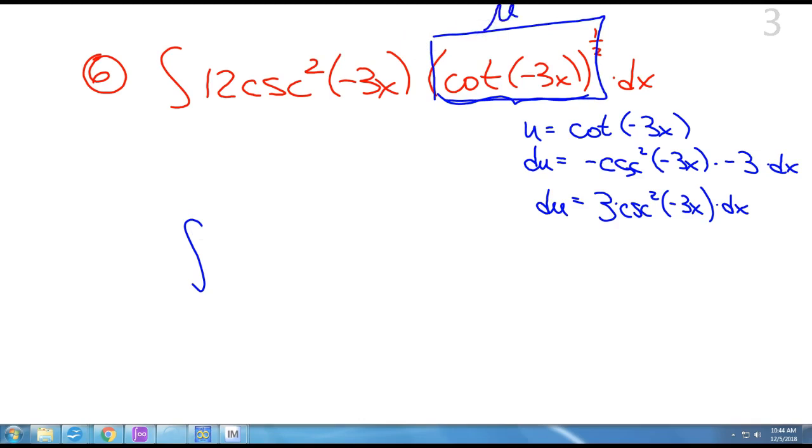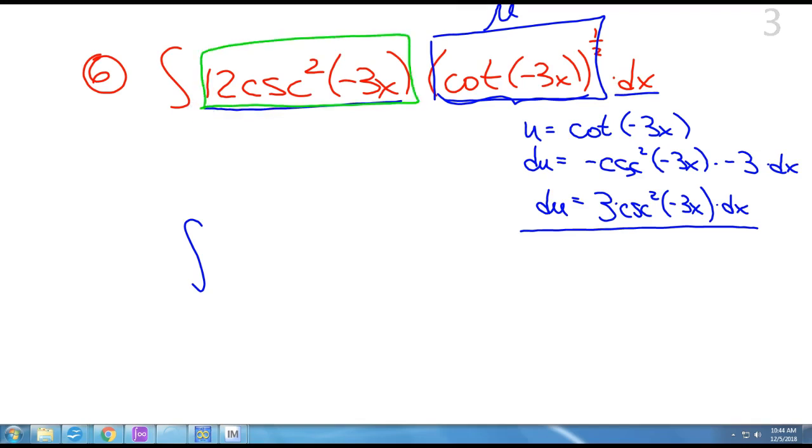What we need to do is match up this and this. I should use a different color. We want to match these two up, but I match it up in the opposite order of what we normally do. I want to change this to make it 12.